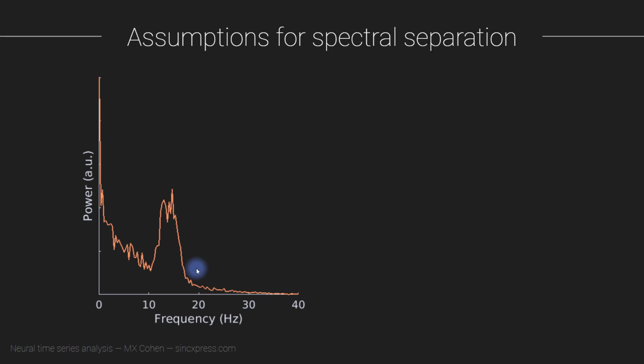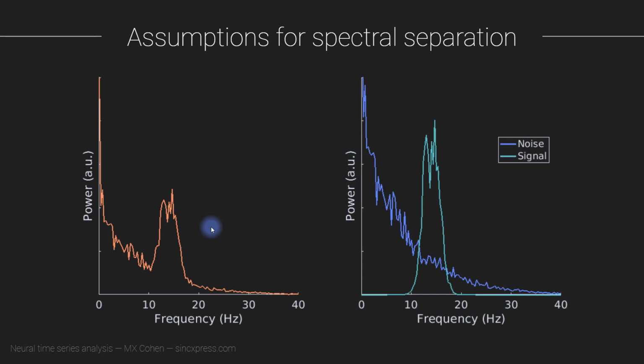Okay, so now let's imagine, so this is simulated data. I just generated these data. Because I generated the data, I know what are the different sources that are contained in the data. So let's say I told you that these were the two sources that went into creating these data. We have a signal and we have a noise.